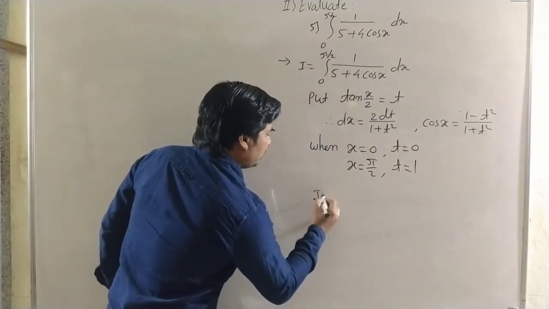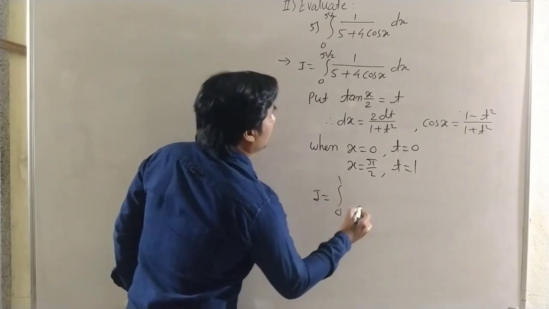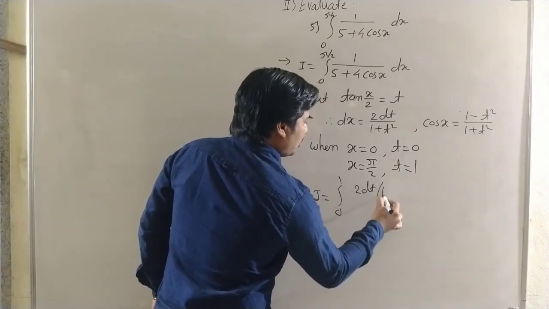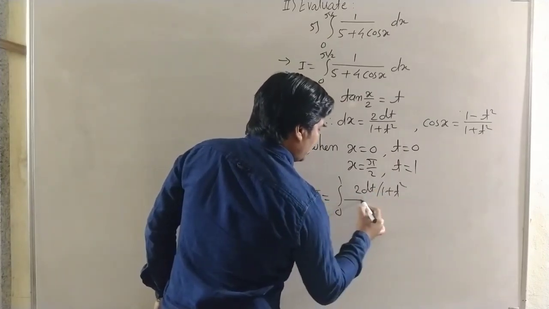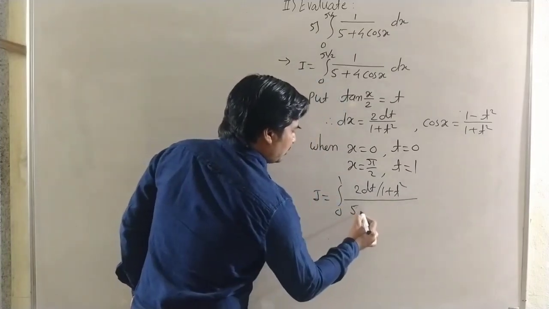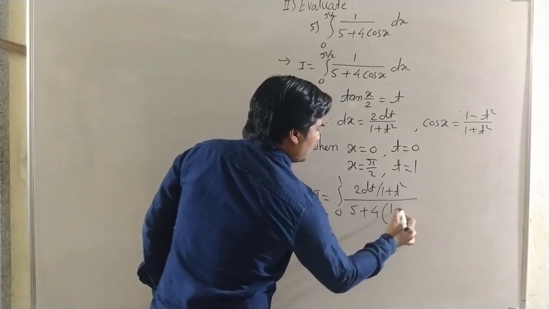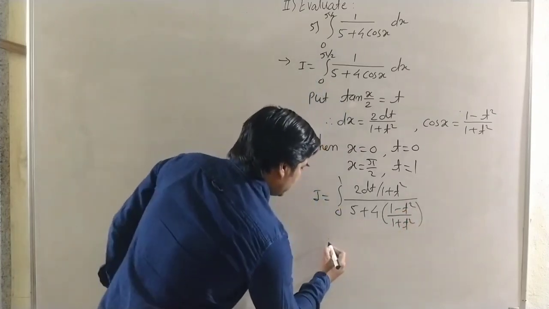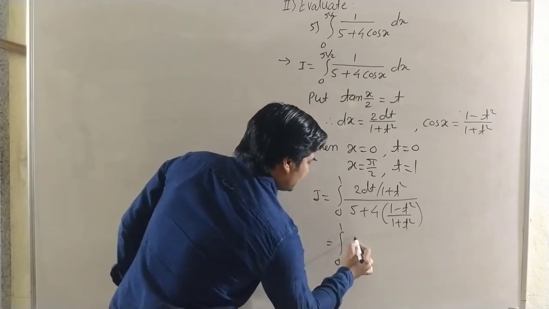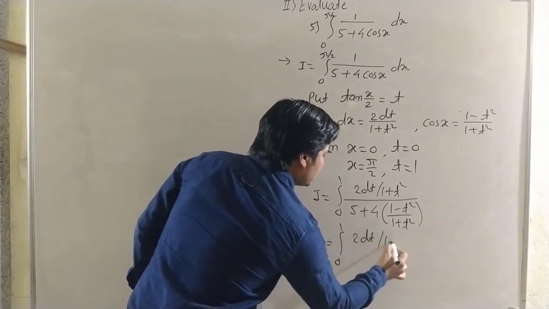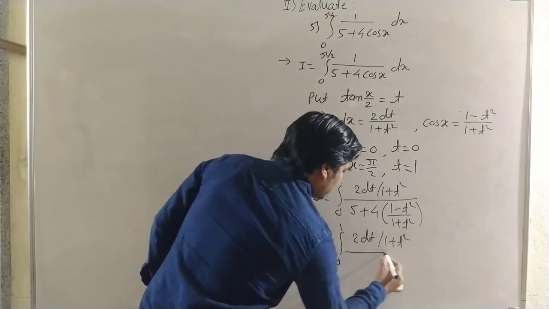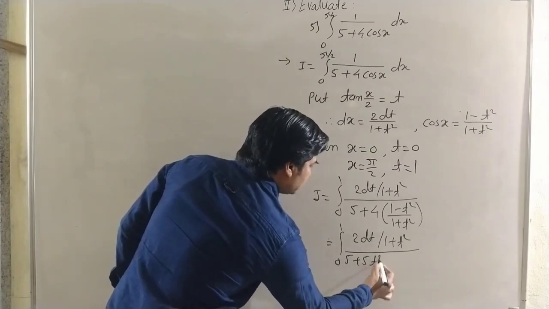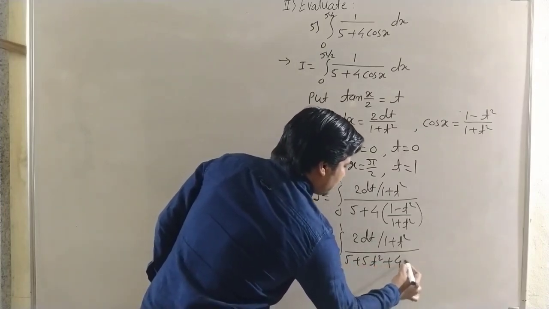Now integral 0 to 1, dx is 2 dt upon 1 plus t square, whole upon 5 plus 4 into 1 minus t square upon 1 plus t square, and then it is integral 0 to 1, 2 dt upon 1 plus t square, whole upon 5 plus 5t square plus 4 minus 4t square.